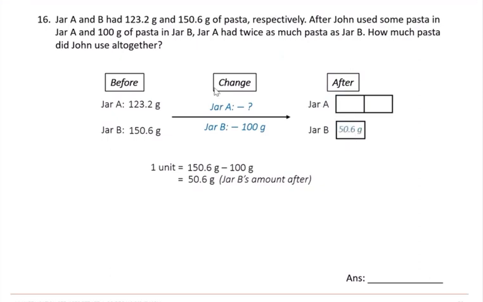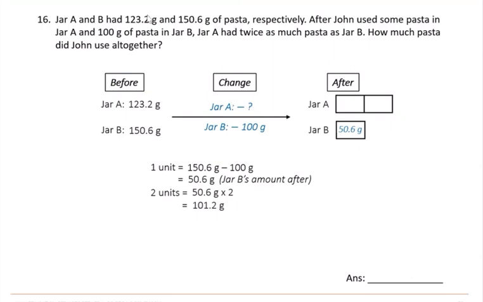But of course, if you want to find used together, I know B used 100, but I don't know jar A. I want to find how much was used in jar A, which means I need to find jar A after, which is 2 units. So work forward to find 2 units, which is 50.6 times 2, 101.2. Jar A got 101.2 gram of pasta after using a certain amount.